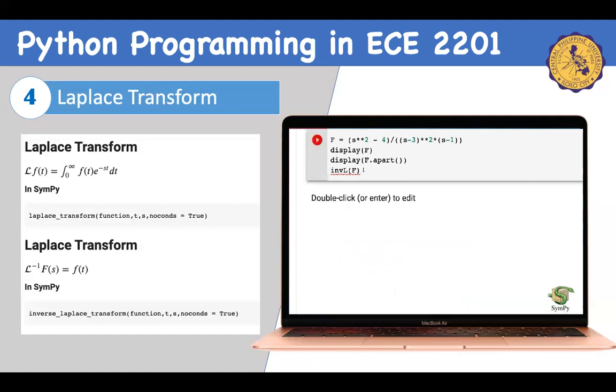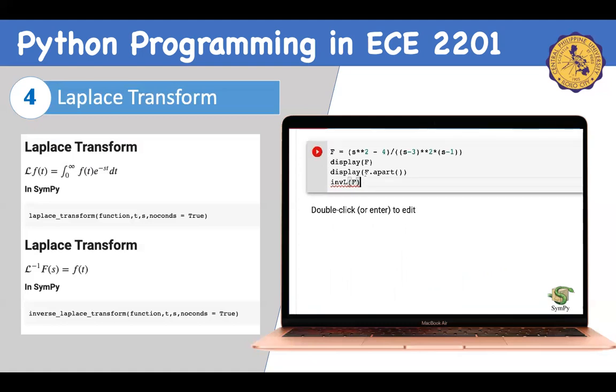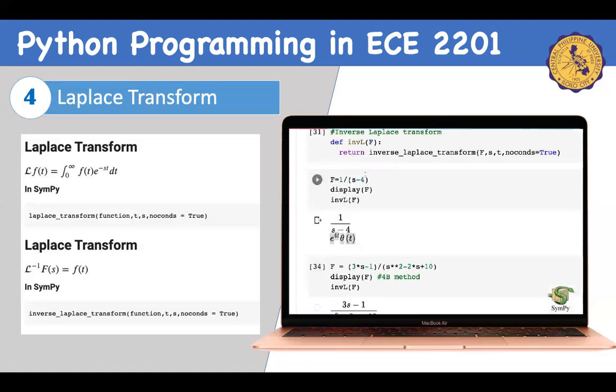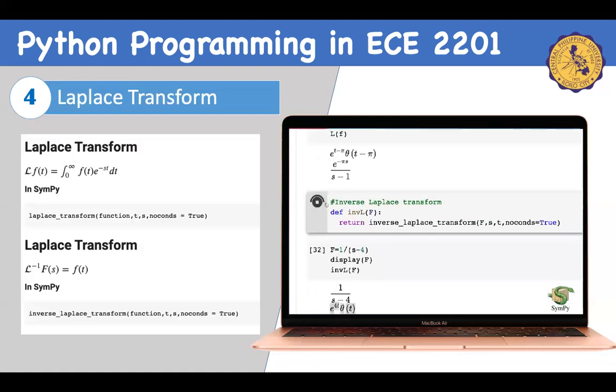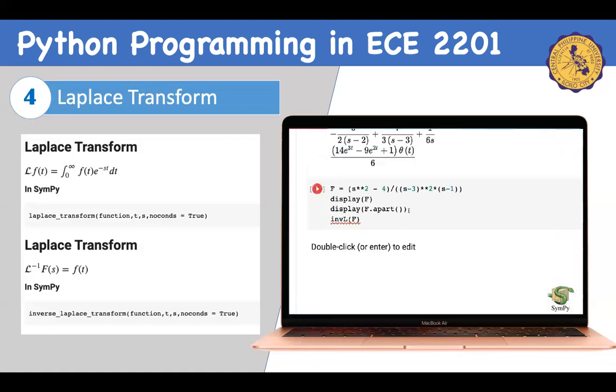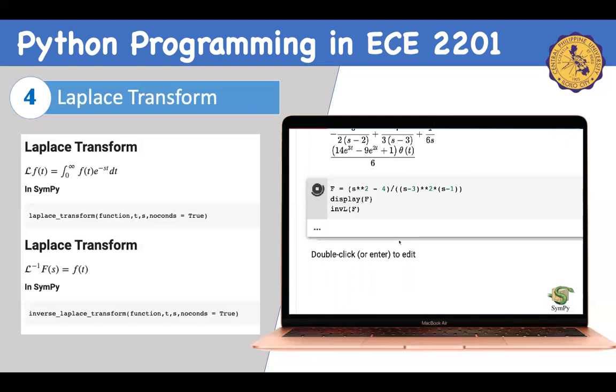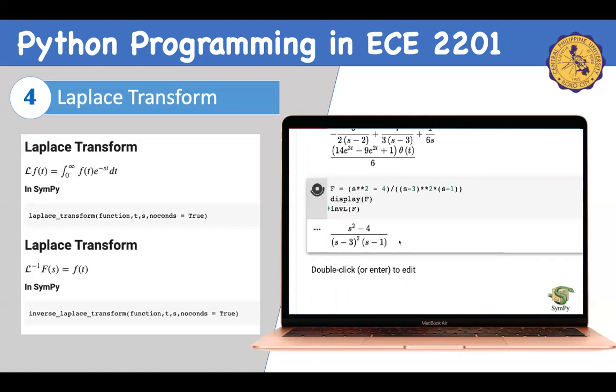So I give up. I will change the problem. Before that, I will run it again. Okay. And then I will change the problem here, and I will delete this one. Okay, let's try. Okay, that's it. Still the same if you delete the apart line.